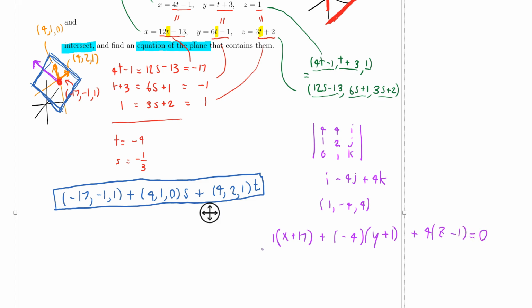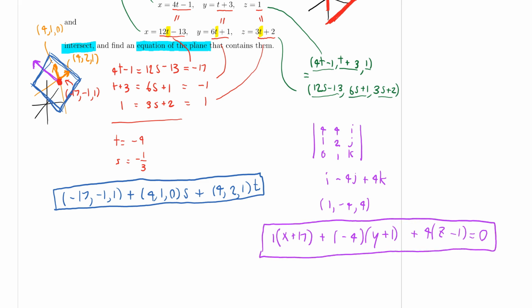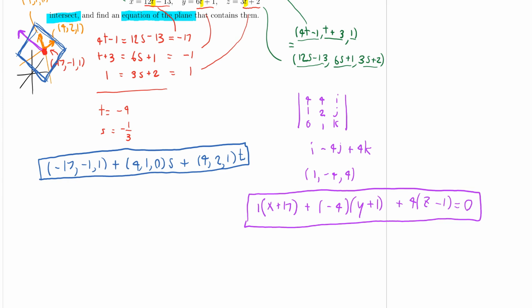So this is also another equation of the same plane. If you were to simplify this, that would give me x minus 4y plus 4z equal to -25. Wait a minute, not -25, I mean -9.